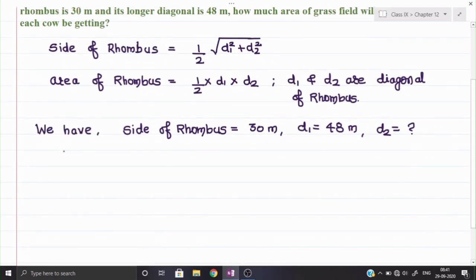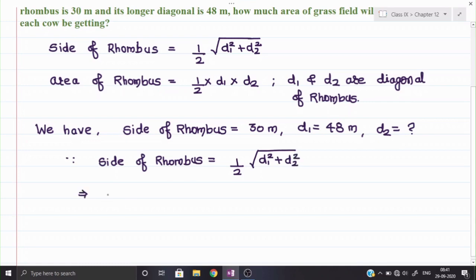Since side of rhombus is equal to 1 upon 2 under root of d1 square plus d2 square.